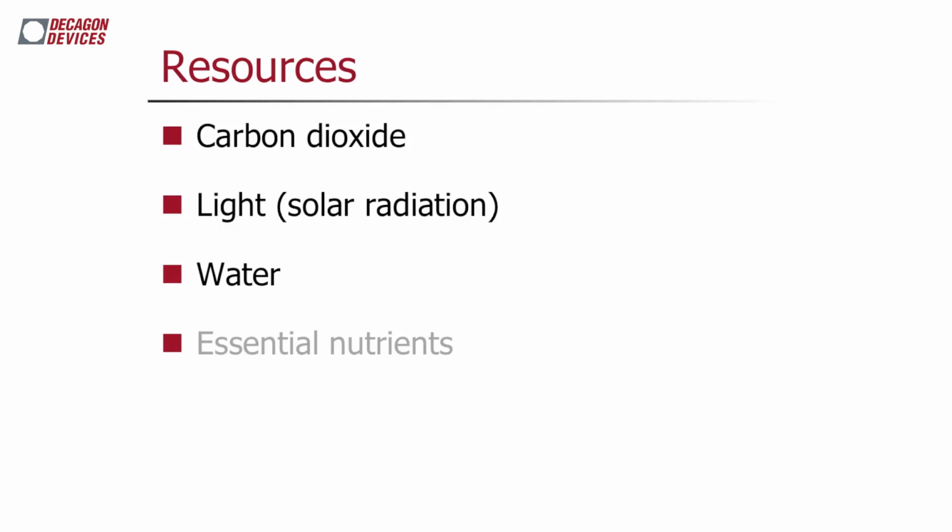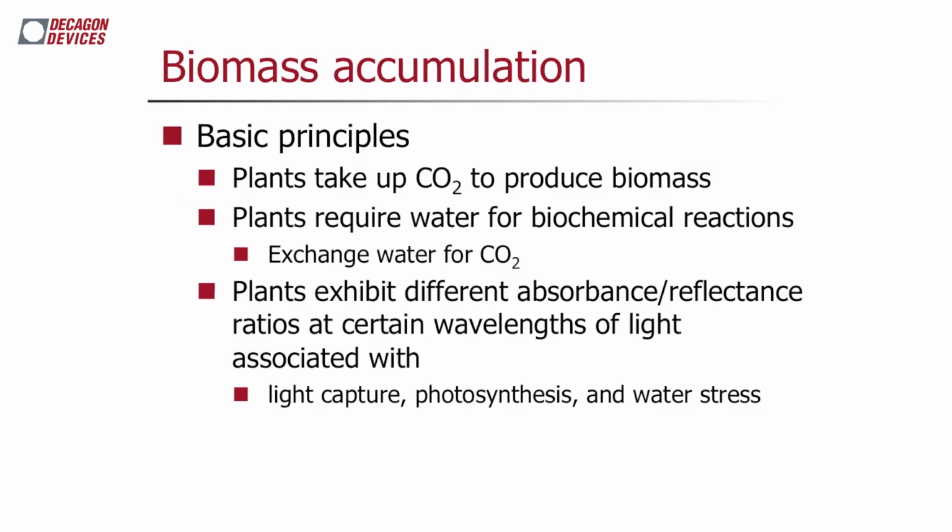Now, you're seeing there at the bottom of the page, we're graying out essential nutrients. Well, sorry, we're not going to talk about that today. We're going to acknowledge that creates the problem, and we're going to sometimes fall well off that optimum line because we don't have those nutrients, but we're not going to talk about it today. We'll leave that for another day.